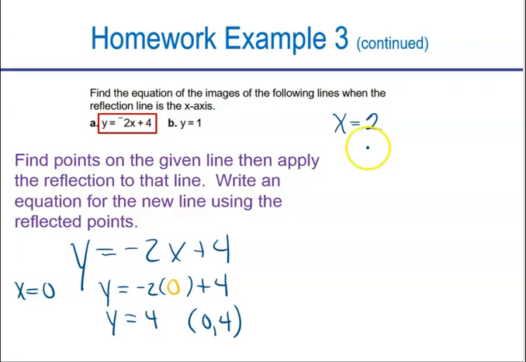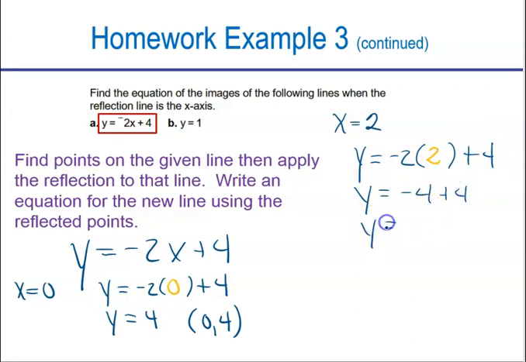Let's plug it in. So that would be y is equal to negative 2. Again, I'm removing the x value, and I'm plugging in 2 in that position. And then the equation goes on to say plus 4. Well, negative 2 times 2 is negative 4 plus 4. And that gives me y is equal to 0. So the point, or the coordinate, is going to be 2, 0. So we have 2 points.